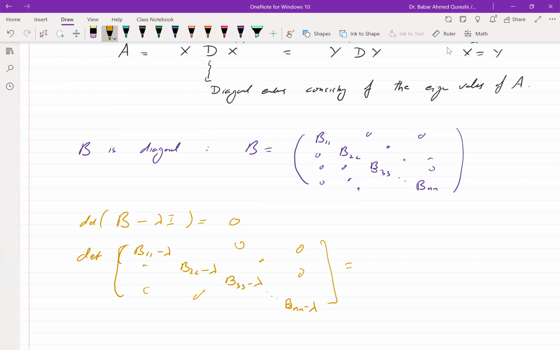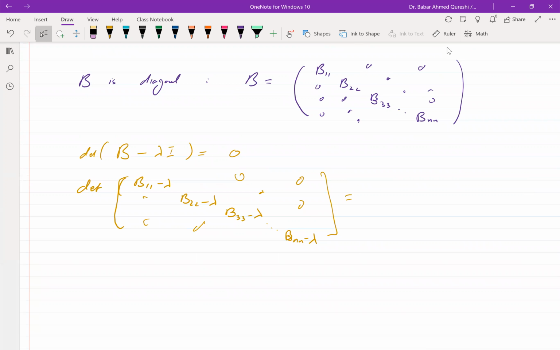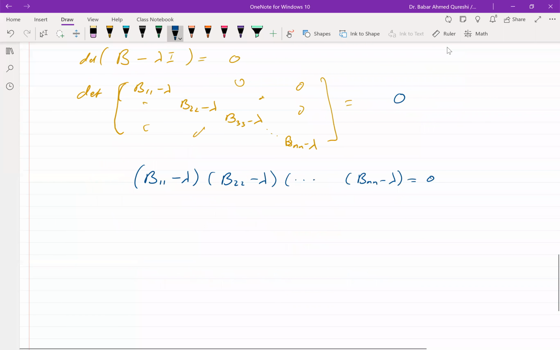So when I compute the determinant of a diagonal matrix, it's just the product of the entries on the diagonal. So I get B11 minus lambda, B22 minus lambda, and so on until Bnn minus lambda is equal to 0.